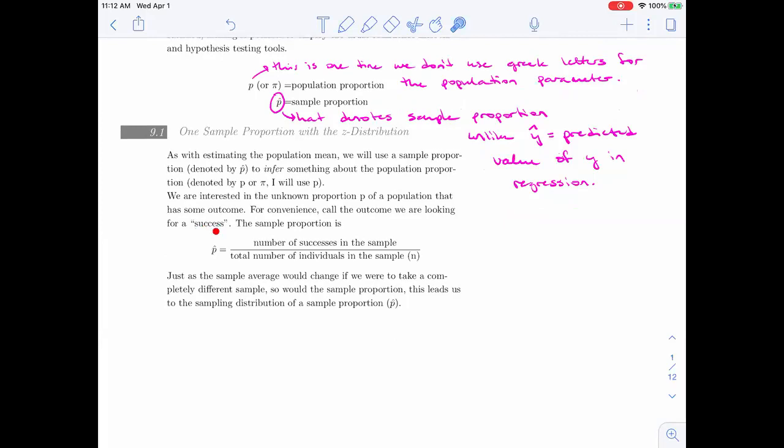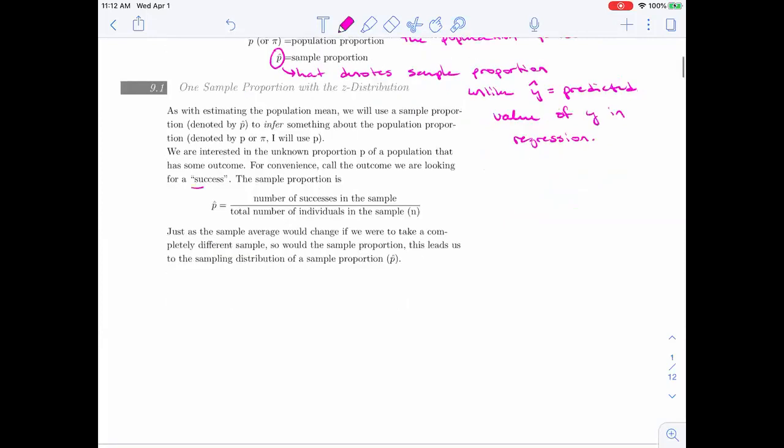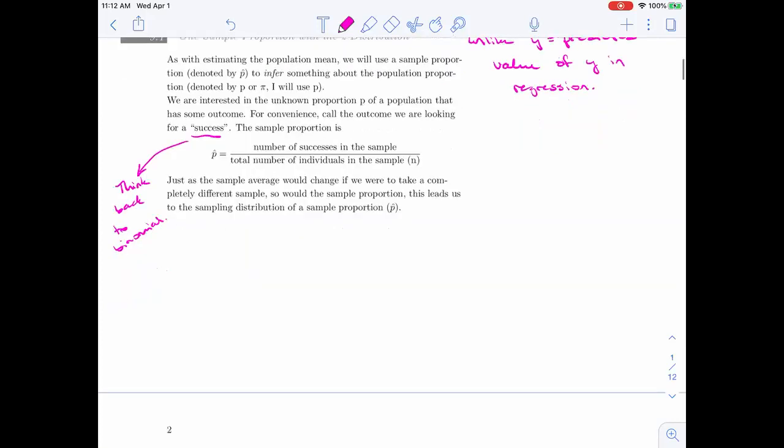That sounds familiar because it is. Think back to binomial. In the binomial section, we talked about success and failure. Those are categories, and so we're dealing with categorical data.